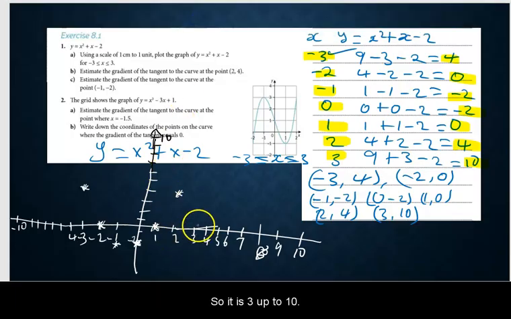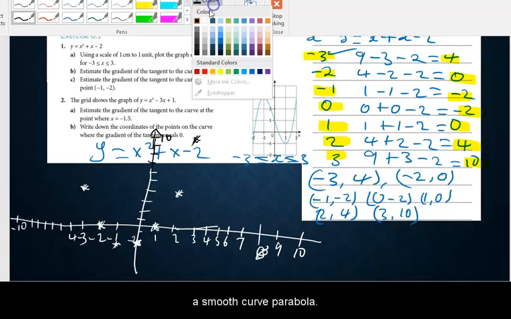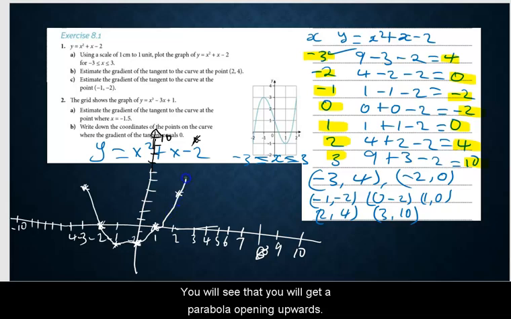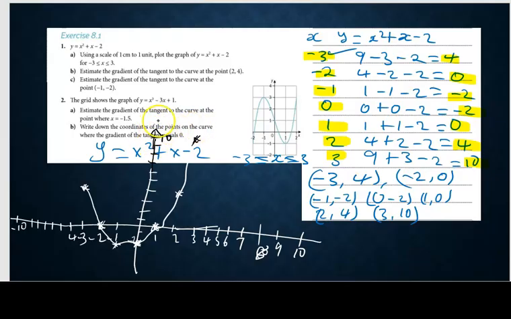So from here now you simply join the line, a smooth curve, parabola. Use your ruler to join these points. You will see that you will get a parabola opening upwards.